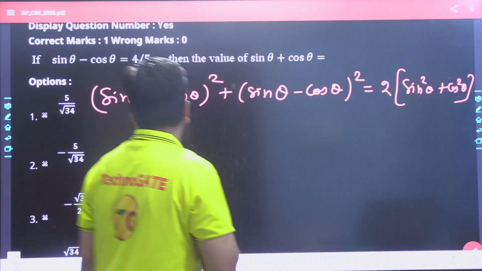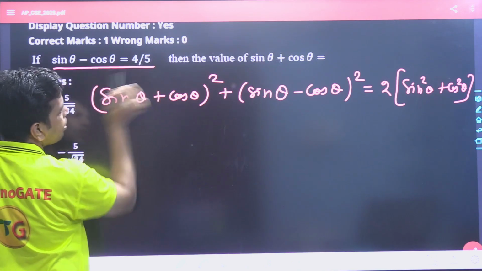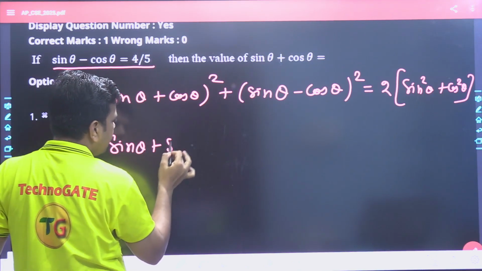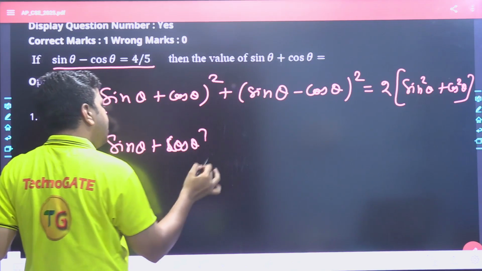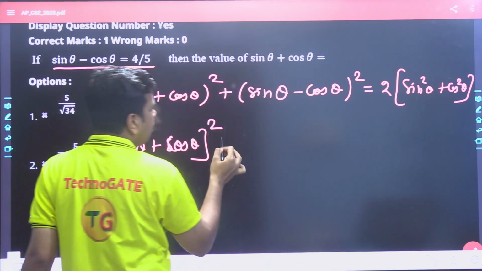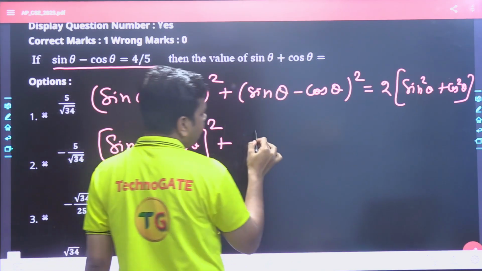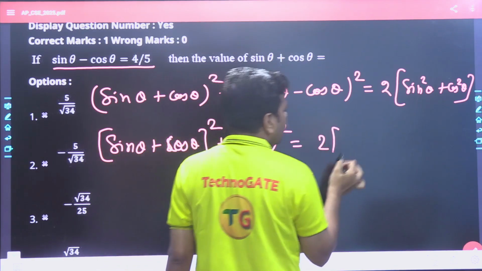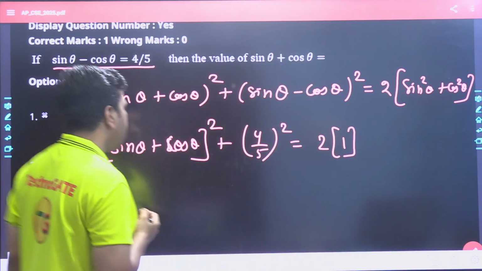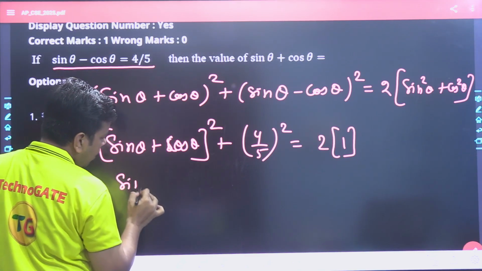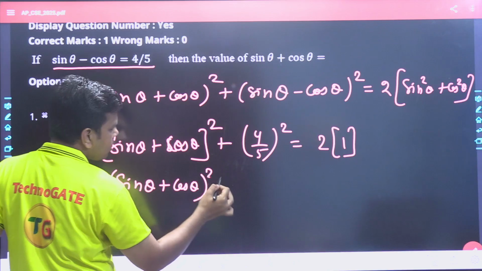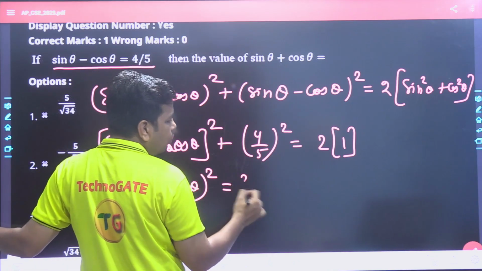Let's see the value of sin theta; sin square is equal to minus.